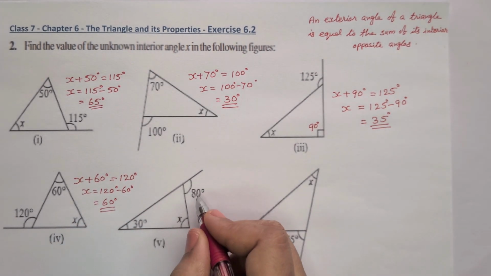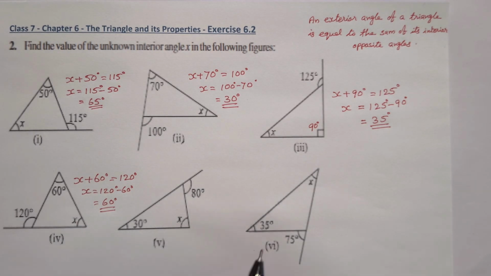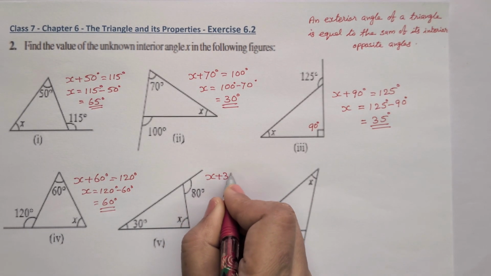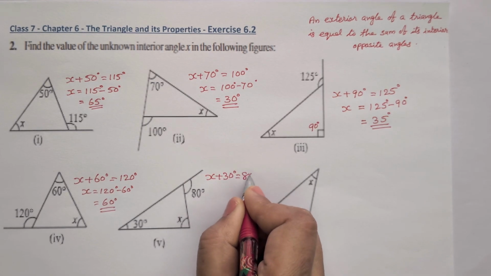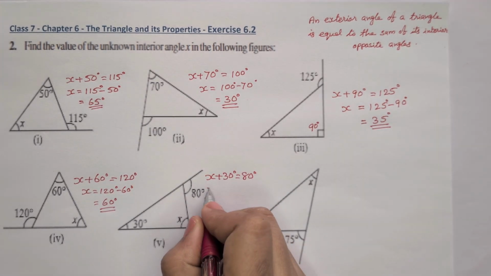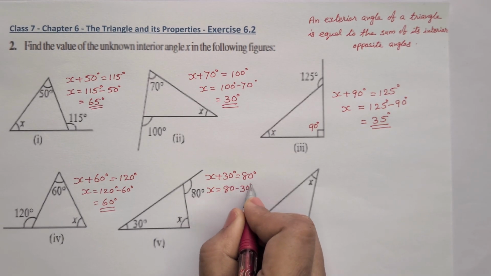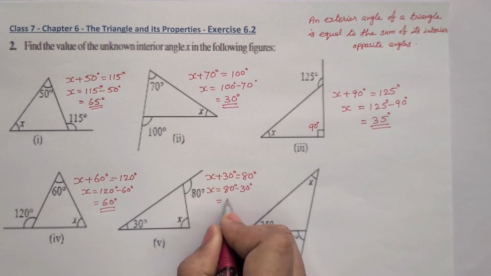Here 80 is the exterior angle, X and 30 are the interior opposite angles. So X plus 30 degrees is equal to the exterior angle 80. From that, X is equal to 80 minus 30, which is equal to 50.